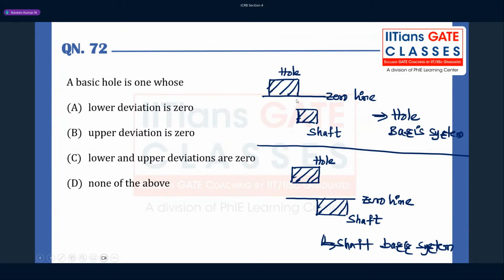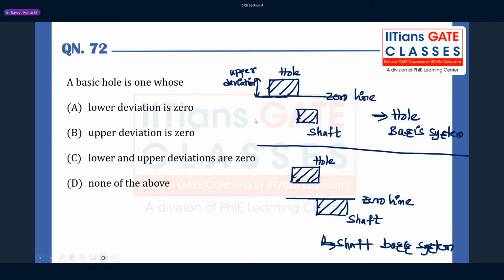Only in the hole system, because here one of the deviations, upper or lower, coincides with the zero line. In the other system, upper deviation and lower deviation are both there for the hole, but here the lower deviation is missing. So you can see here the lower deviation is zero, and this is the upper deviation.